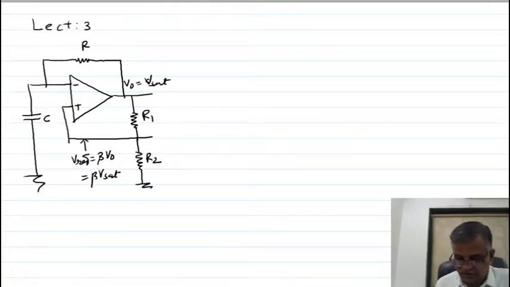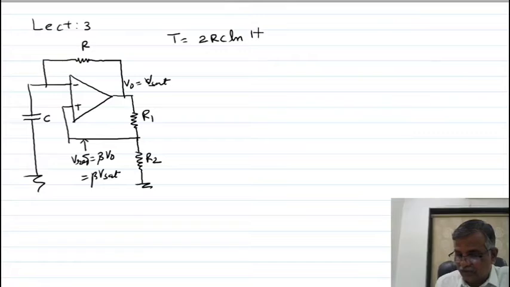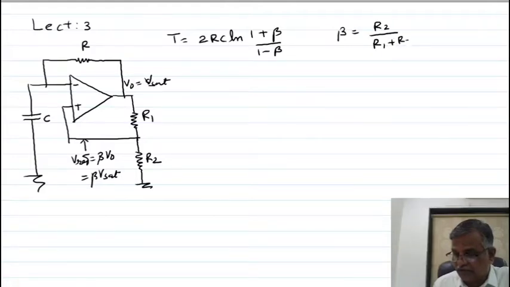Already we have discussed the working of the circuit, and we have derived the equation of the periodic time. The periodic time T is given by 2 RC ln (1 plus beta upon 1 minus beta), where beta is called feedback factor. It is given by R2 upon R1 plus R2.